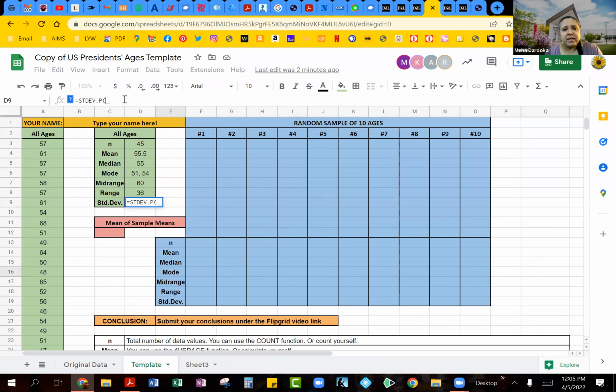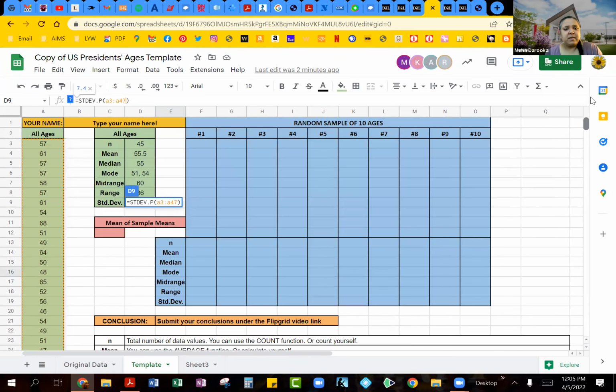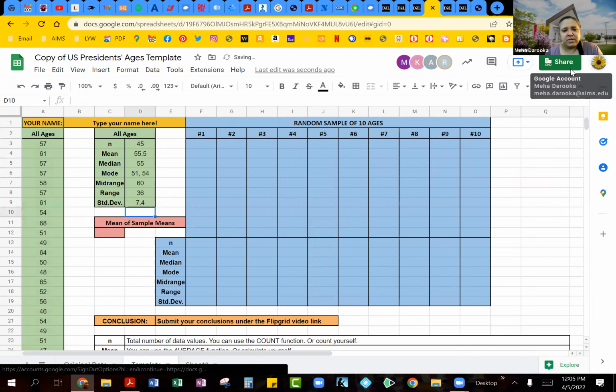And then here again, we're going to type in, did I lose that? Yeah, I did lose that. Oh, we're going from A3 to A47, I believe. Yeah, A47. So A3 to A47.